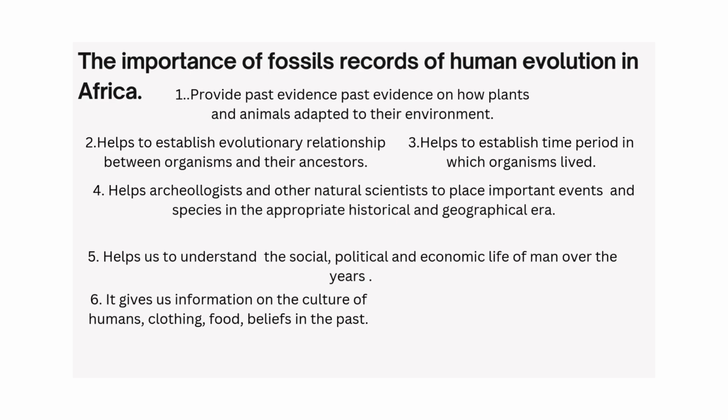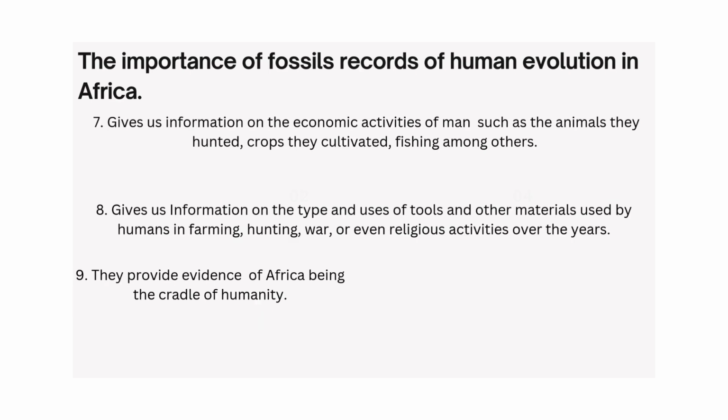Then the seventh one, fossil records give us information on the economic activities of man, such as the animals they hunted, crops they cultivated, fishing, among others. So through these fossils, we are able to tell that there were some economic activities going on a long time ago, that the early man did some economic activities, which included hunting, cultivation of crops, and also fishing.